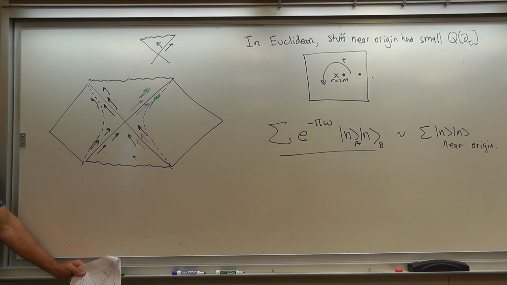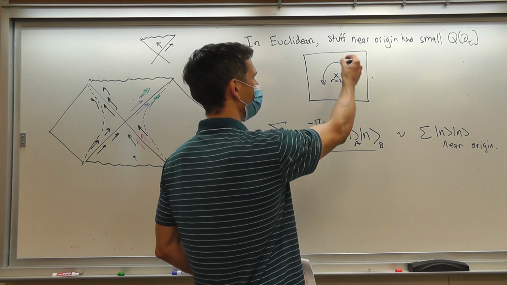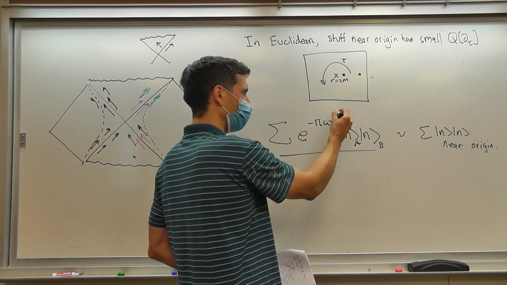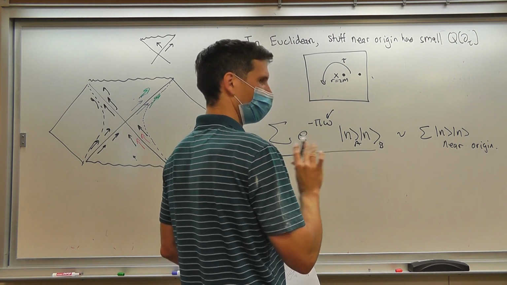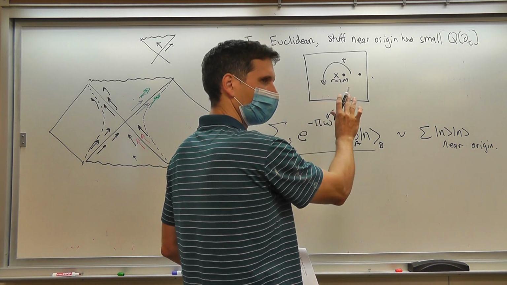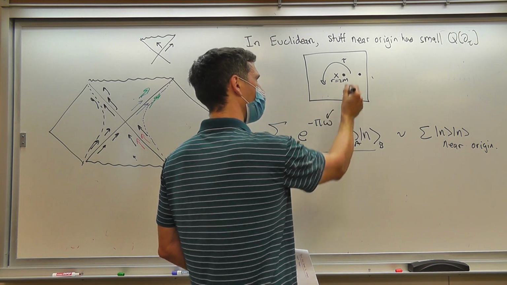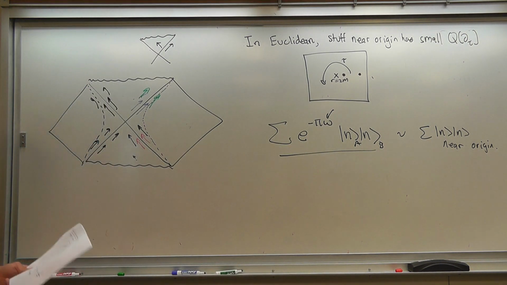Why does it look like a maximally entangled state near the origin? Because near the origin, the boost charges are very small, so this exponent just goes. This is a boost charge showing up, or in this case, a regular energy. Sorry, for Rindler, it's a boost charge. In this case, it's just the ordinary energy showing up here. These energies are very small for stuff near the origin. I should have mentioned, physically, this is redshift.